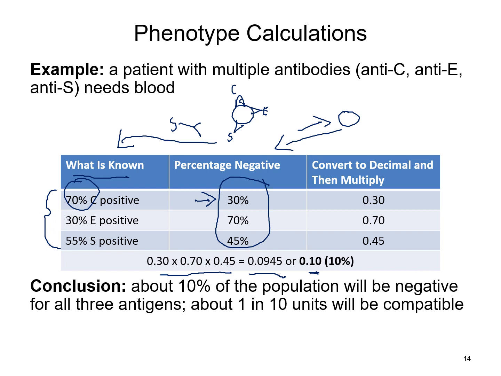So what does that mean? If you tested 100 units, then 10% of those would be negative. If you reduce that math, that means 1 in 10 units would be negative and compatible for that patient.